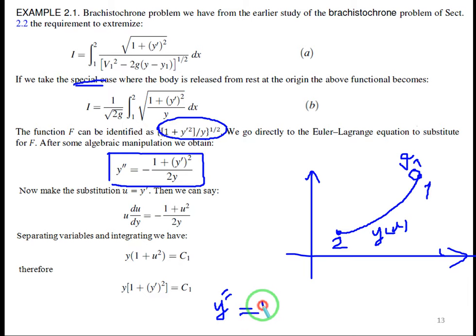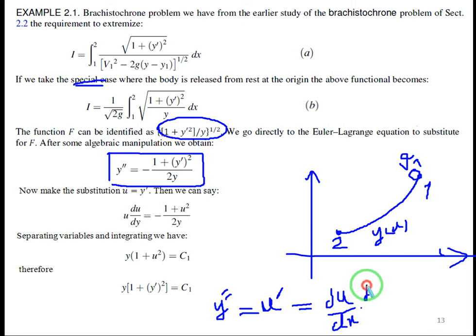as we can see in this problem, u prime or u dash is equal to d of u over d of x.